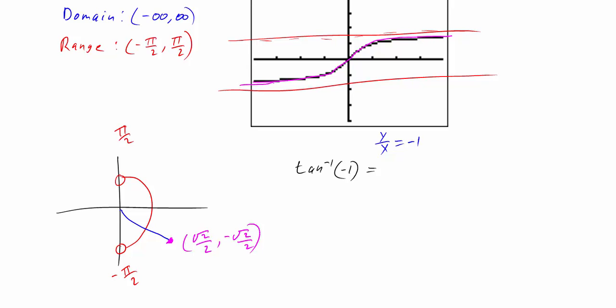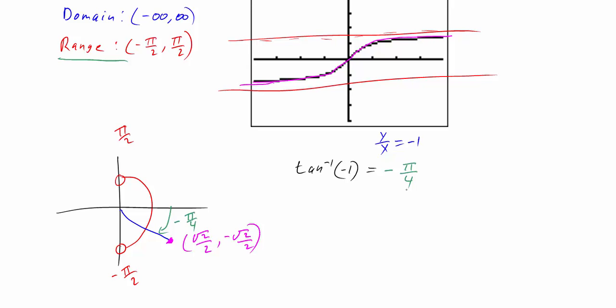And this angle turns out to be down here. Now if you look on your unit circle, you would say the angle is 7 pi over 4, but remember the range that we're talking about up here, so this angle must be a negative pi over 4. Therefore the inverse tangent of a negative 1 is equal to a negative pi over 4.